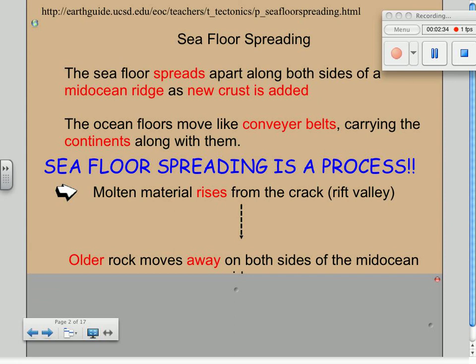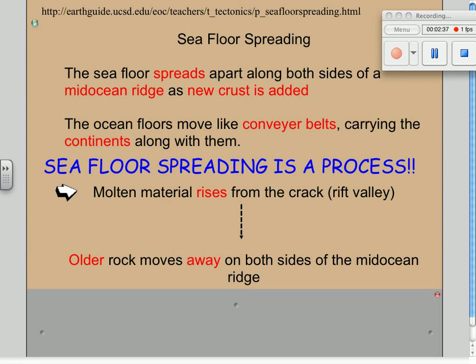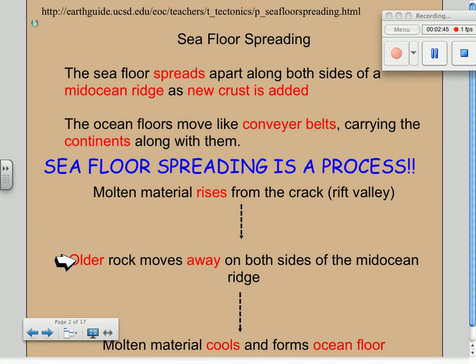Then the older rock moves away on either side of the mid-ocean ridge. And then the molten material that came out of the mid-ocean ridge, out of that crack, the rift valley, will cool and form new seafloor or new ocean floor.